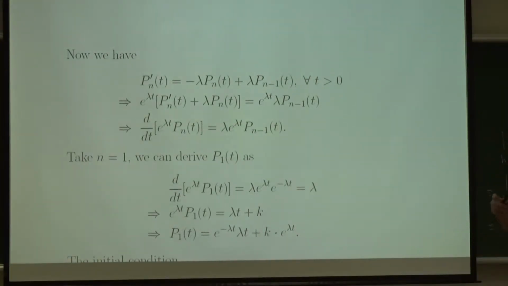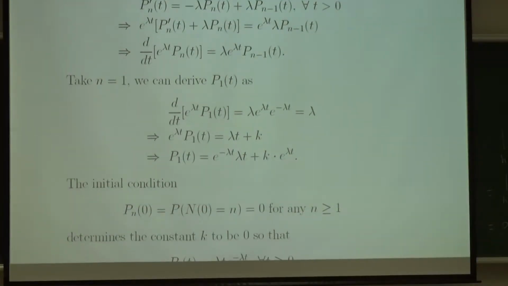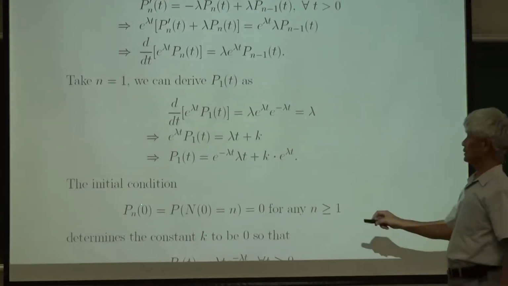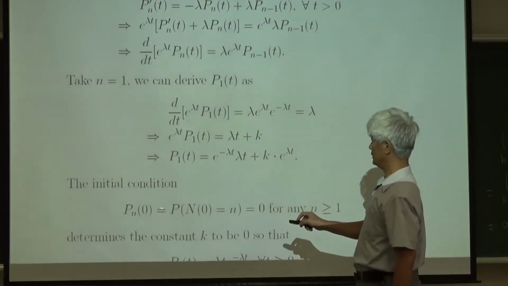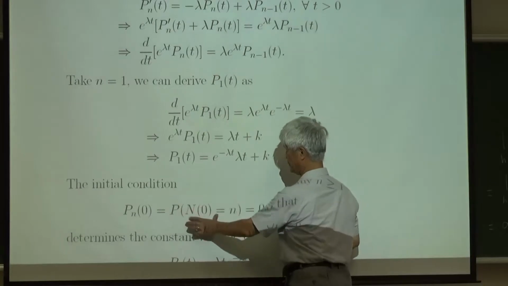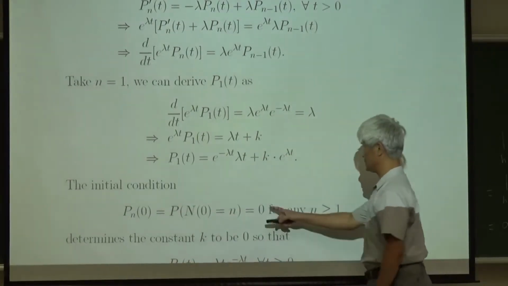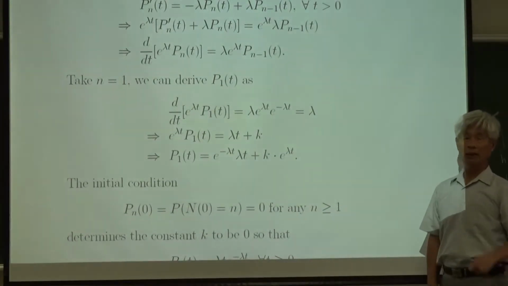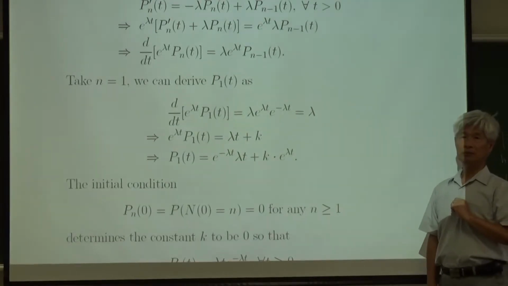K is the constant we have to determine with the boundary condition. So what is the initial condition we have? It is for Pn(0), which is just the probability of this event. It is 0 for any n greater than or equal to 1 by number 1.